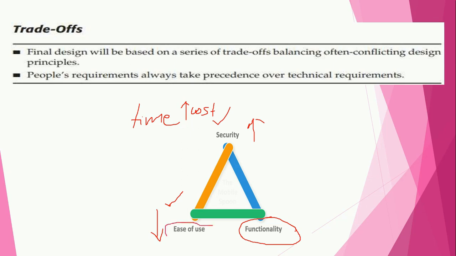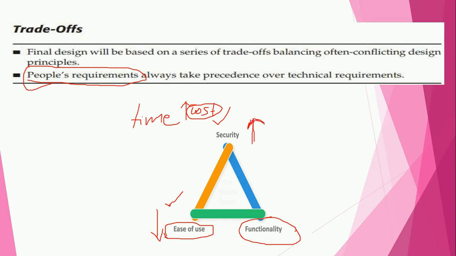Ease of use means that, particularly for the user, it has to be user friendly. Ultimately everyone will ask whether the user interface has fulfilled the user's task. So here people's requirements are given higher precedence. What is the requirement of the people? Whether he wants security, he may be having money to spend, so then security may be increased.